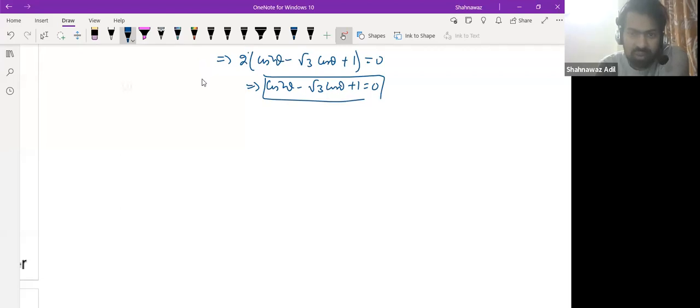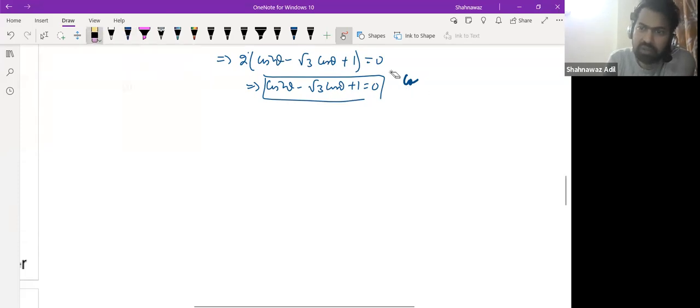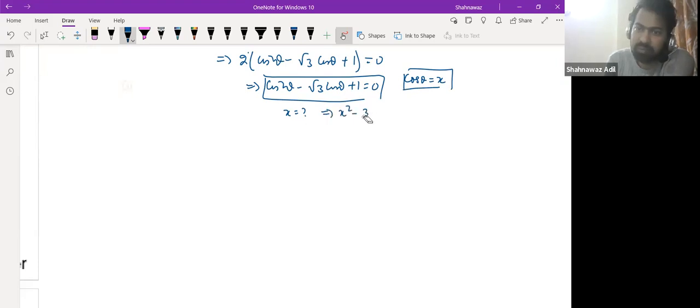Okay, so the question to you now is that you have this quadratic equation, and let's say that cos theta is x. Then please find out the value of cos theta from here. What would be x? Please solve this equation.